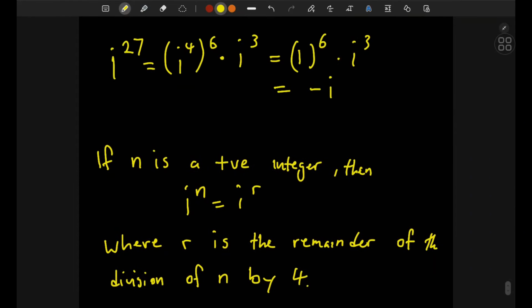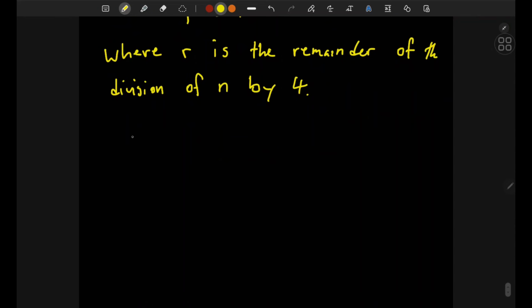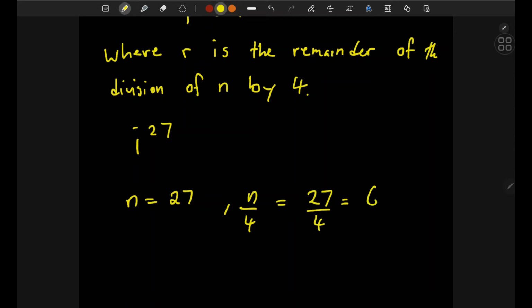So if I take back the example I gave you of i raised to 27, first we identify our n here is 27. So if we say n divided by 4, that is 27 divided by 4, the answer is 6, but our remainder is what?